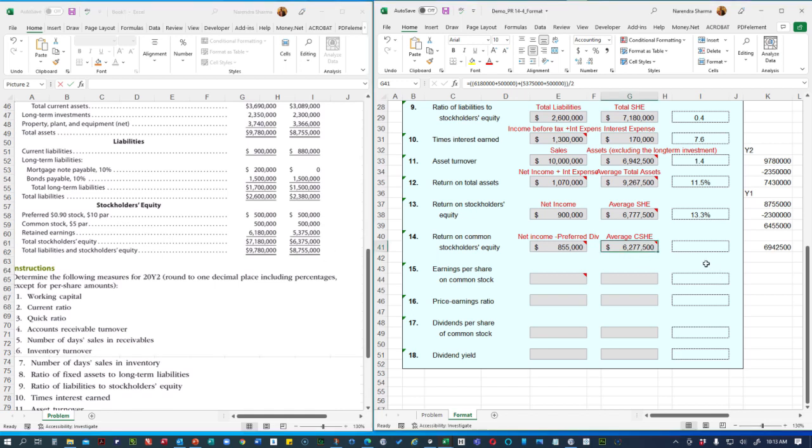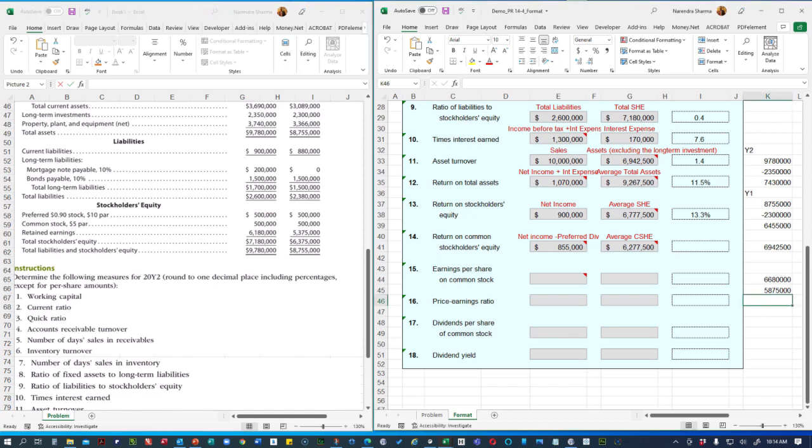So that way, for year 2 we get 668, this plus this one, and for year 1 it is going to be 5875, this plus this one.